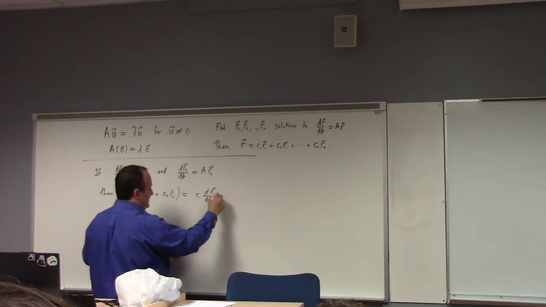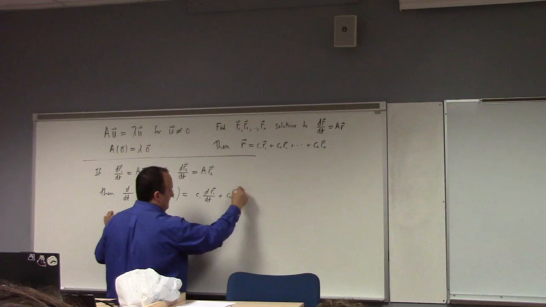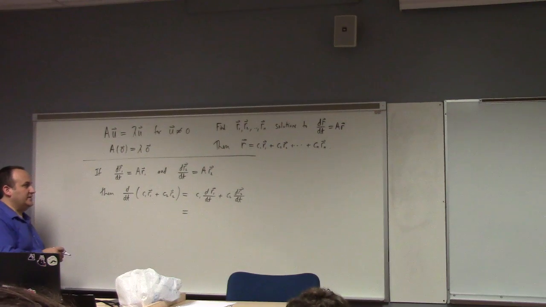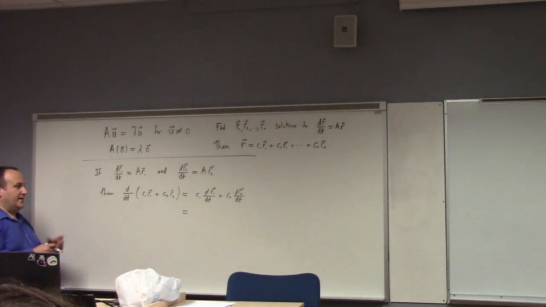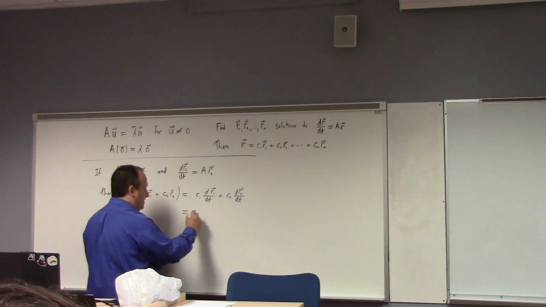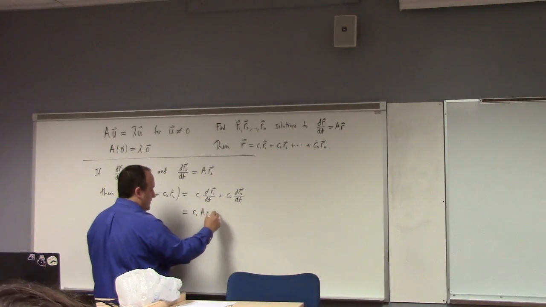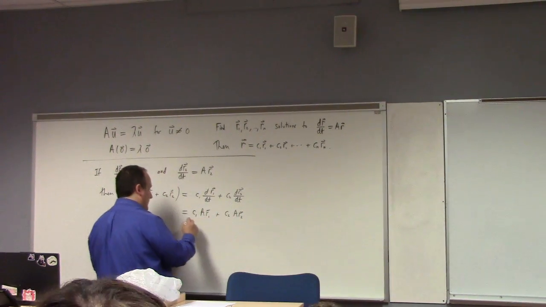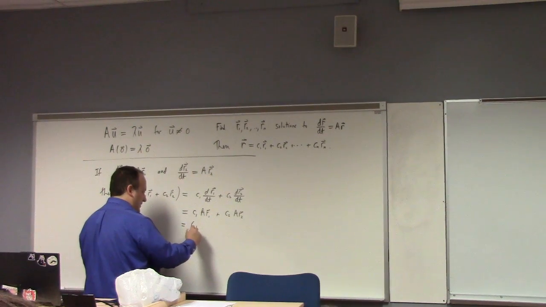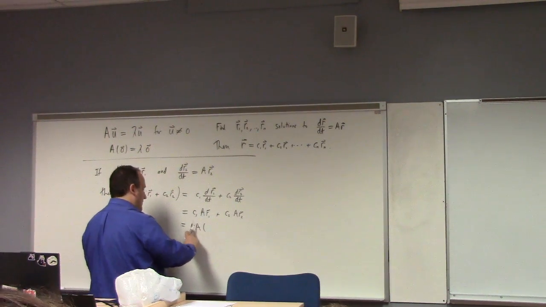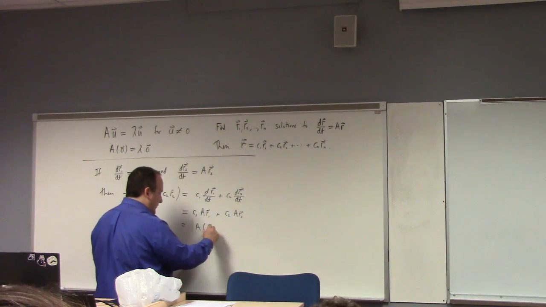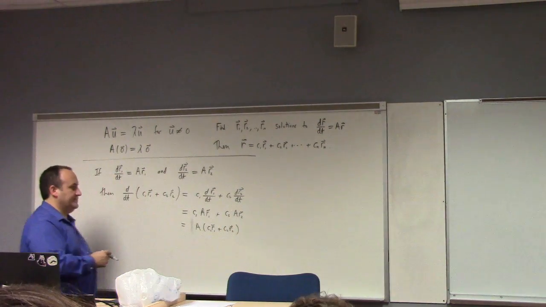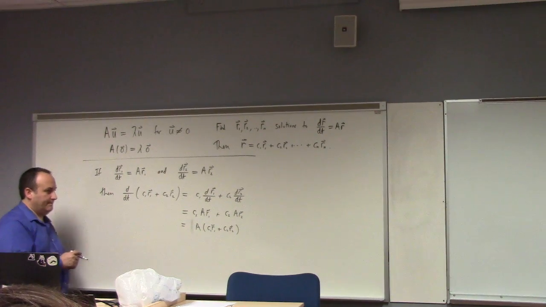So we can pull the constants out, and then what did we assume dr1/dt was? Well, it was A r1, right? And this was A r2, right? And so if you look at it, we've got A times c1 r1 plus c2 r2, right?